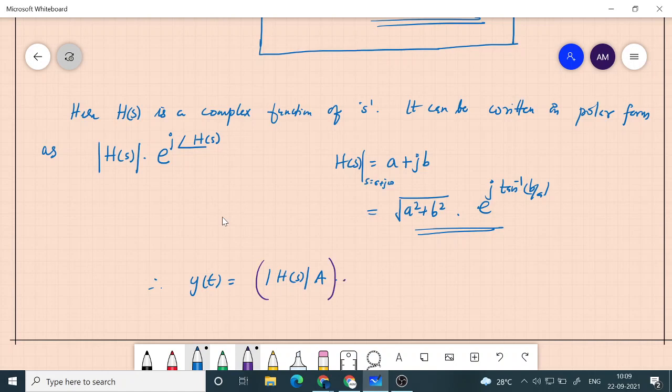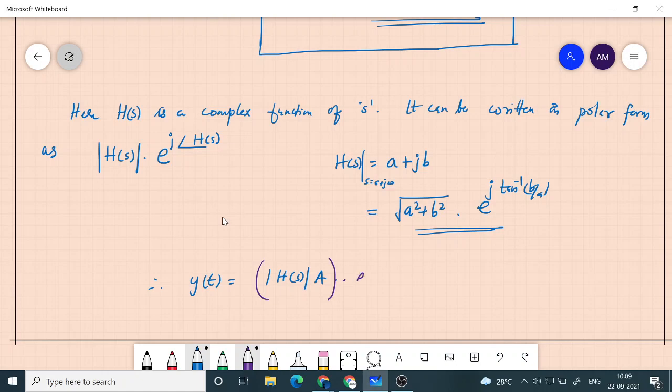If the magnitude of H of s is greater than 1, you are increasing the magnitude. If it is less than 1, it is going to decrease the amplitude of the exponential. Earlier it was a, the output will be a little less.